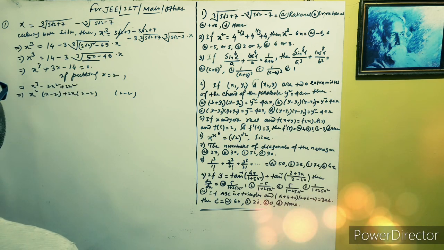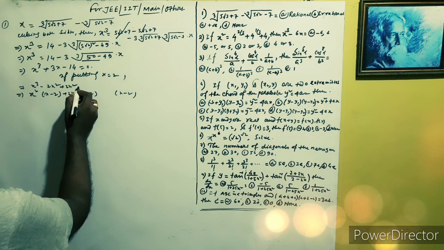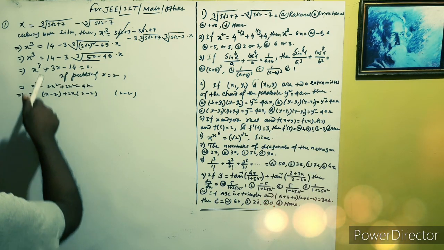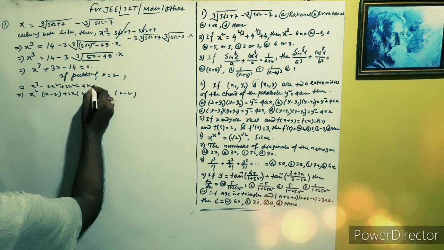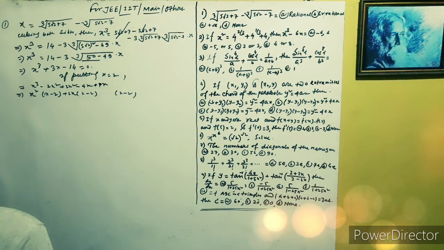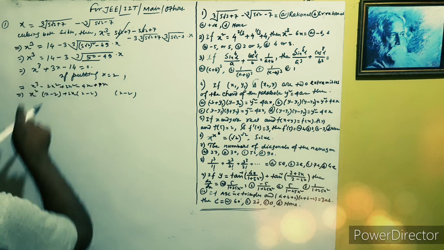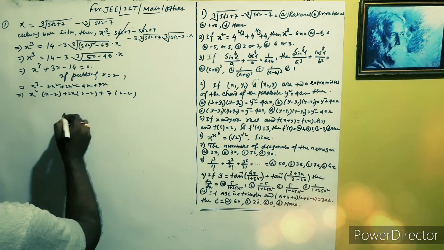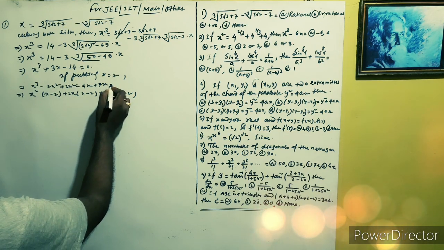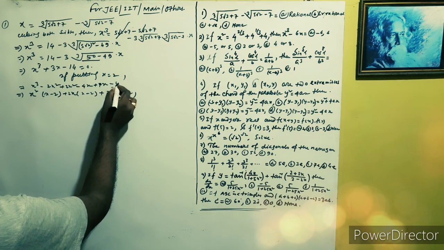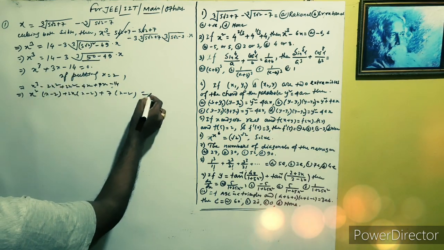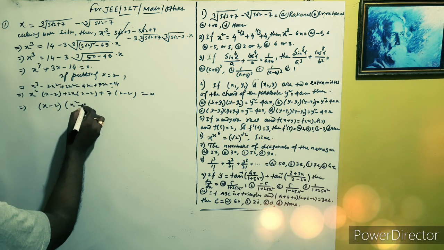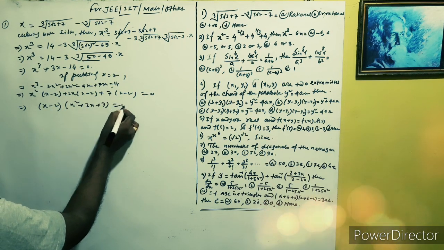So plus 2x square, and this gives minus 4x, but we want 3x, so we add 7x, then we get 3x. Multiplying 2 by 7, we get minus 14, and this matches. So x minus 2 times (x square plus 2x plus 7) equals 0.